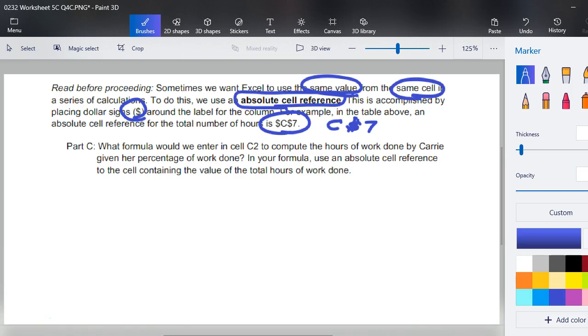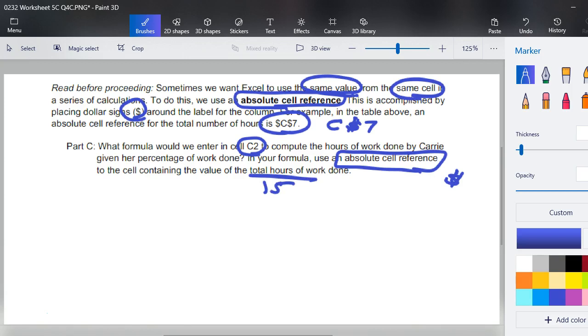Part C, what formula would we enter into cell C2 to compute the hours of work done by Carrie given her percentage of work done? And your formula should use an absolute cell reference, the dollar signs, to the cell containing the value of the total hours of work done. That's the one that's got our 15 in it.